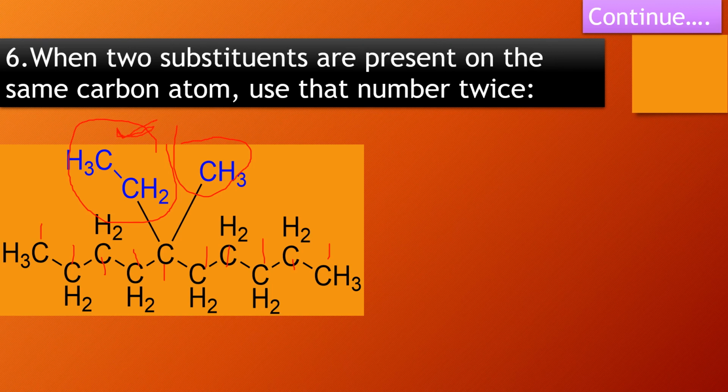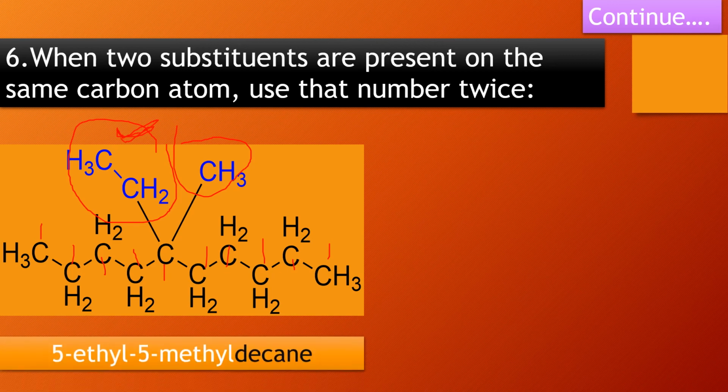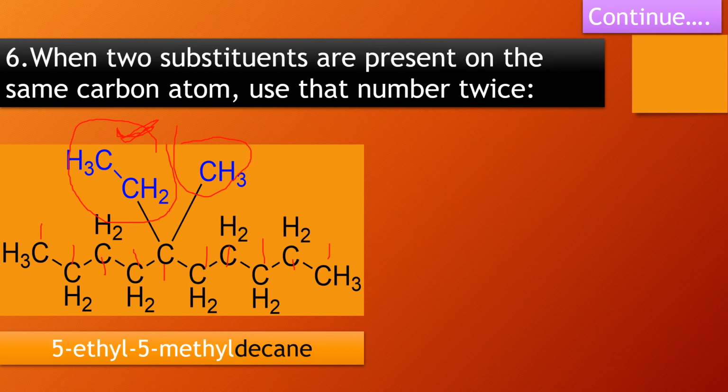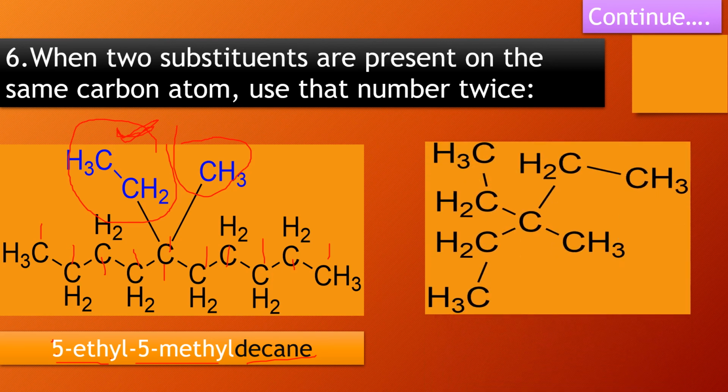So ethyl comes first and methyl comes later. So you can see that since both the substituents are attached to the fifth carbon, it is 5-ethyl-5-methyldecane. Decane is the parent, ethyl and methyl are the substituents, and 5 is the locant.